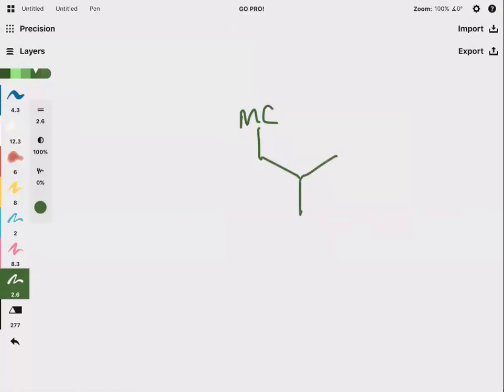So we have 4 carbons, right? 1, 2, 3, 4. Because we have 4 carbons off of our main chain, we know it's going to be a bute. So butyl. And this kind of configuration is going to make it an isobutyl.